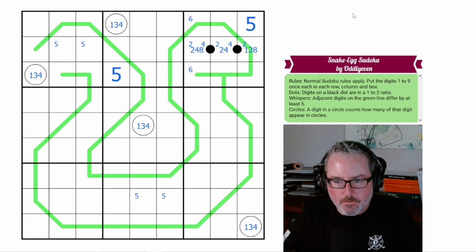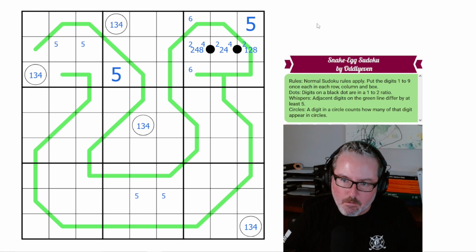So we know there's a 2 and a 4 on here somewhere. Is there any way I can rule out some of these other options? 2, 4, 8 works, 1, 2, 4 works. 2, 4, 8 this way works, 8, 4, 2 works in both directions. So the answer seems to be no.